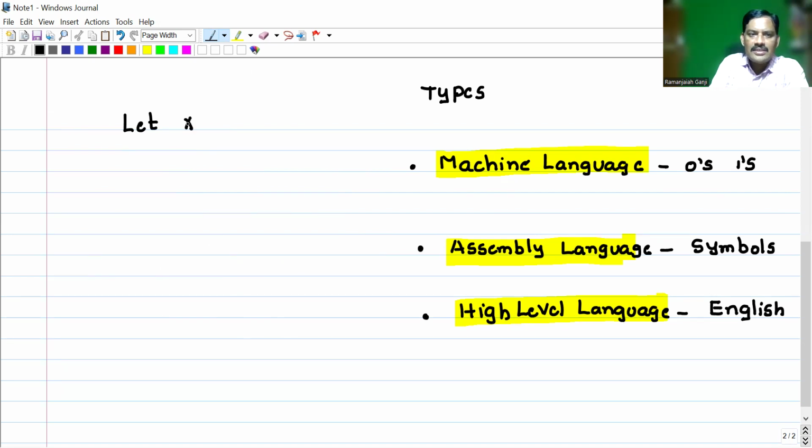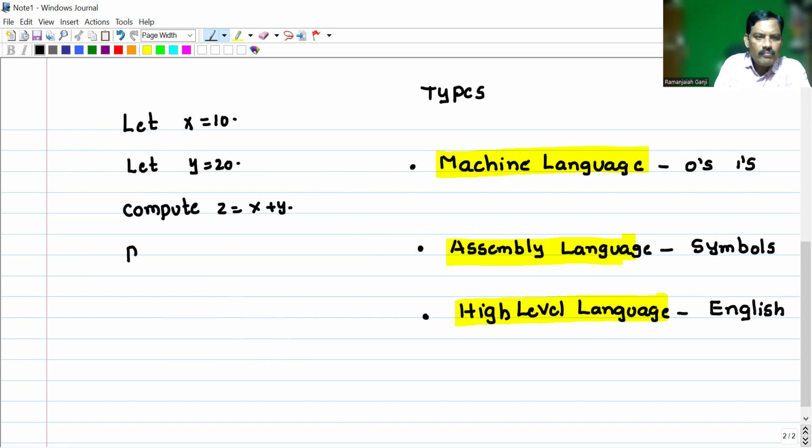Let x is equal to 10. Let y is equal to 20. Compute z is equal to x plus y. We have to print the z value, and then end.